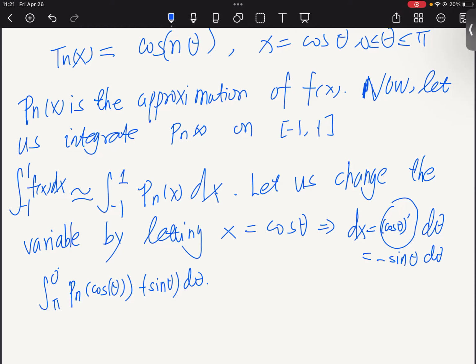So this equals the integral from 0 to pi of Pn(cosine theta), and then sine theta d theta. And we are going to do this integration to get the whole thing we have here. And so now let's see.